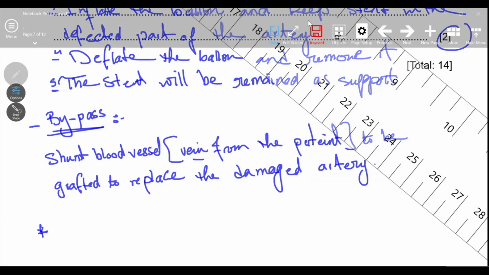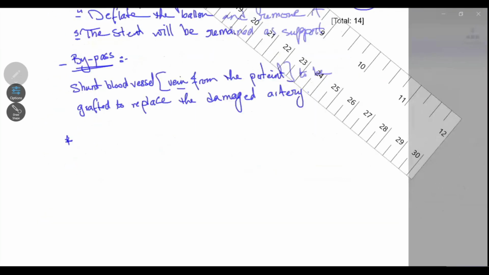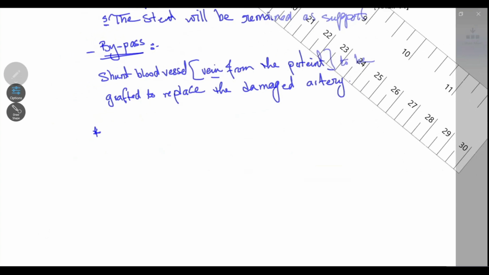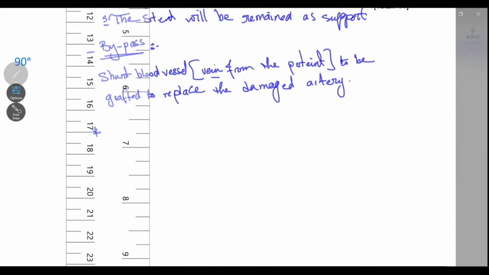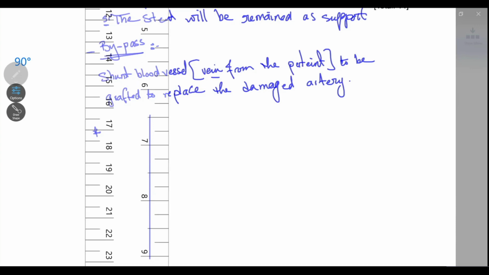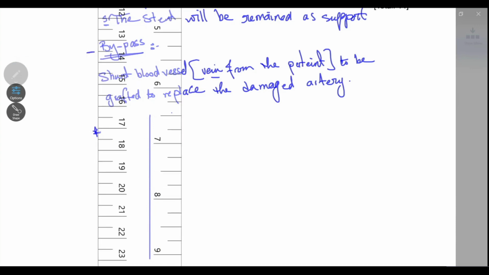I'll just draw this for you in order to find it out. If, for example, the surgeon has two blood vessels or two veins, and he's supposed to choose one of them in the operation.